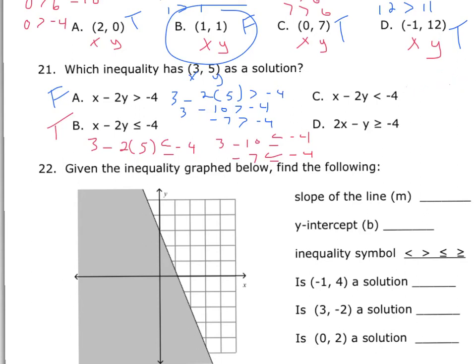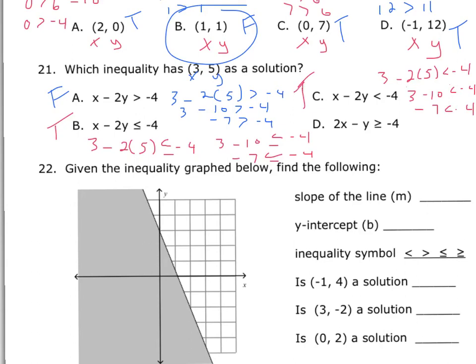Alright, so 3 minus 2 times 5 is less than -4. So 3 minus 10 less than -4. And is -7 less than -4? And the answer to that is yes. So that's true.